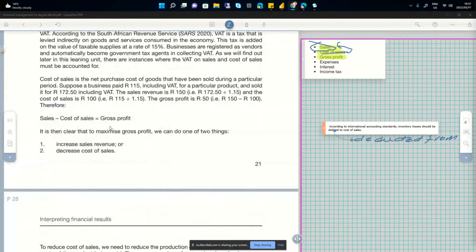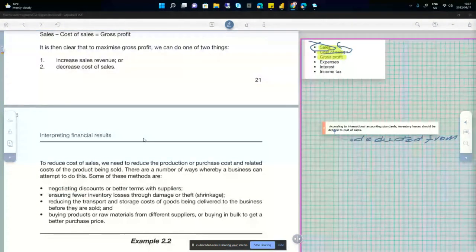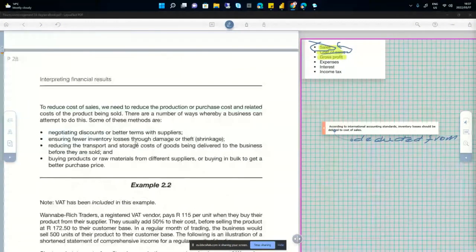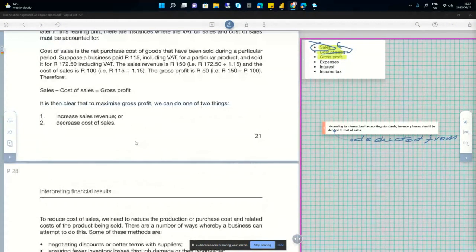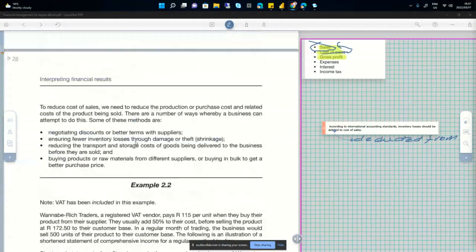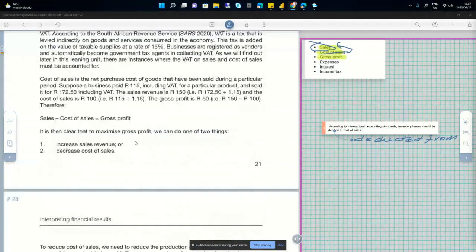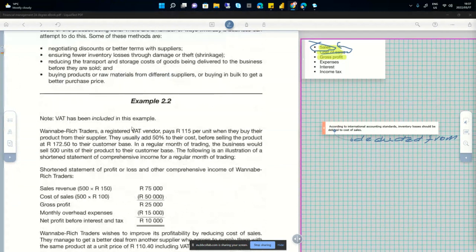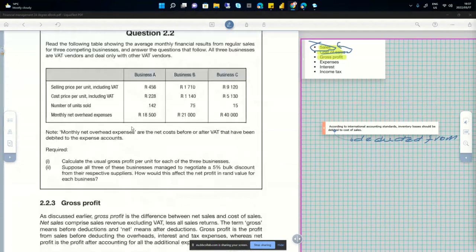This is a ratio. It's quite important, and we will touch on the ratios as we come to the end of our tutorial session. So as you're reading, understand that these are ratios that we use. For instance, we want to know how much gross profit a company has made. All right.